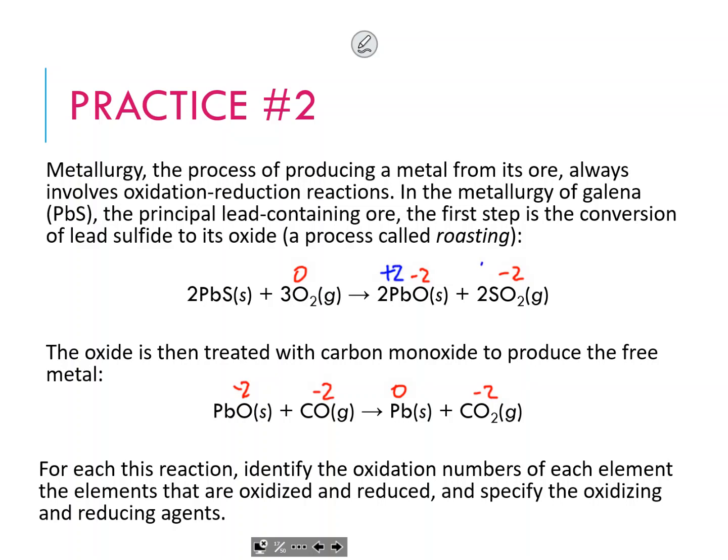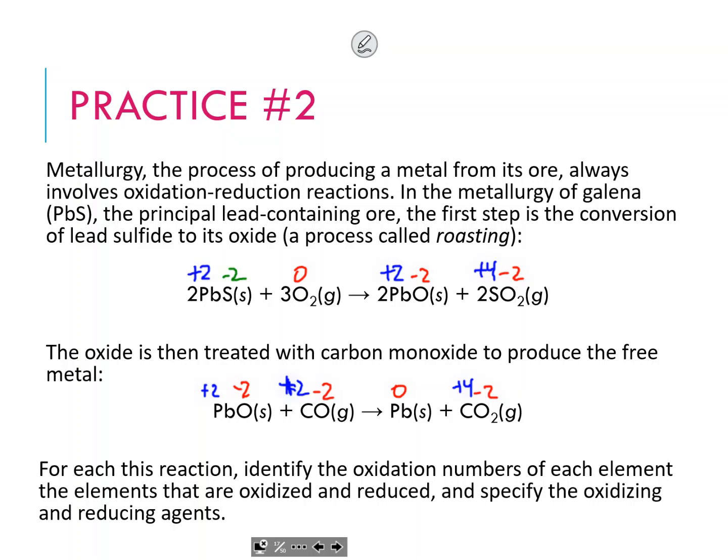Here, the sulfur is going to be a +4. We know this one's a +4 and +2 and +2. Now here for the PbS, in this case, what is the S going to have? It's going to follow its group 16, -2, and the lead being the metal will have the positive charge, and that means it's going to be a +2.